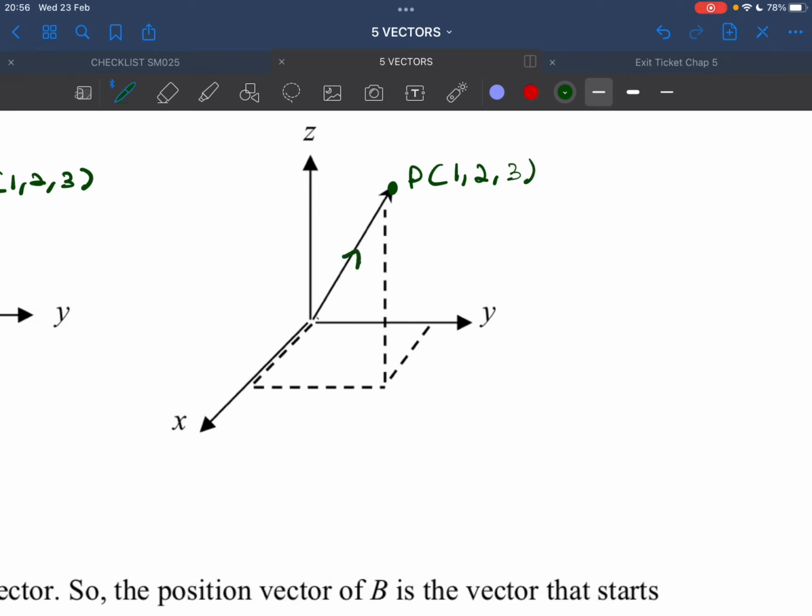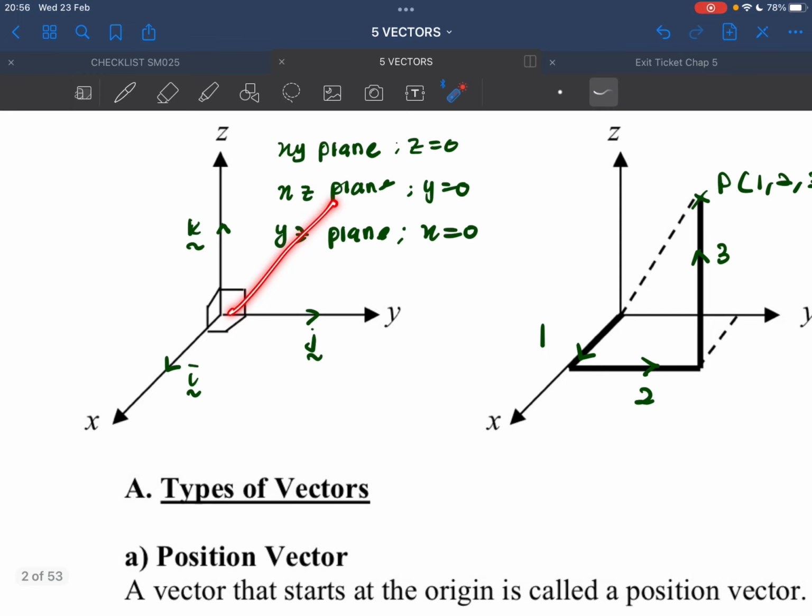This is the origin, and we call it a position vector. So here is i, as we said before, this is going to be 2j, and this one here is going to be 3k. Remember this is x, y, z, and this is your i, j, k, because here we have 1, 1, 1.